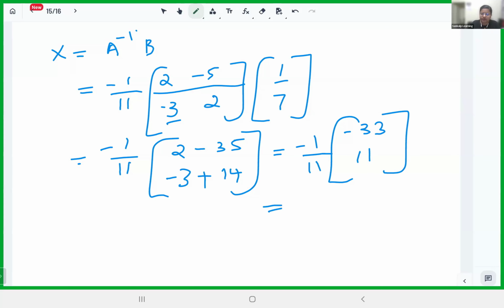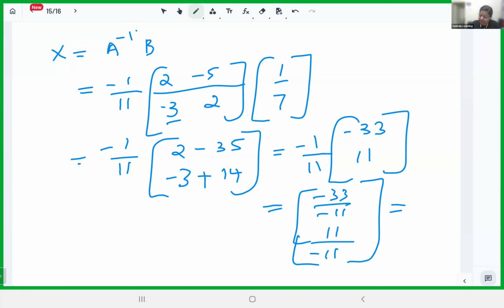If I take minus 1 by 11 inside, this will become minus 33 by minus 11, and the second element will be 11 by minus 11, so minus and minus get cancelled. 33 by 11 is 3, and what is 11 by 11?